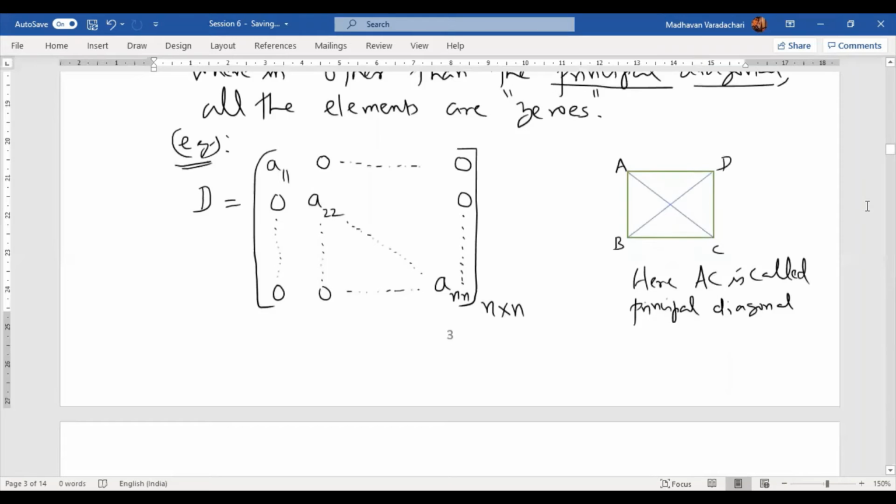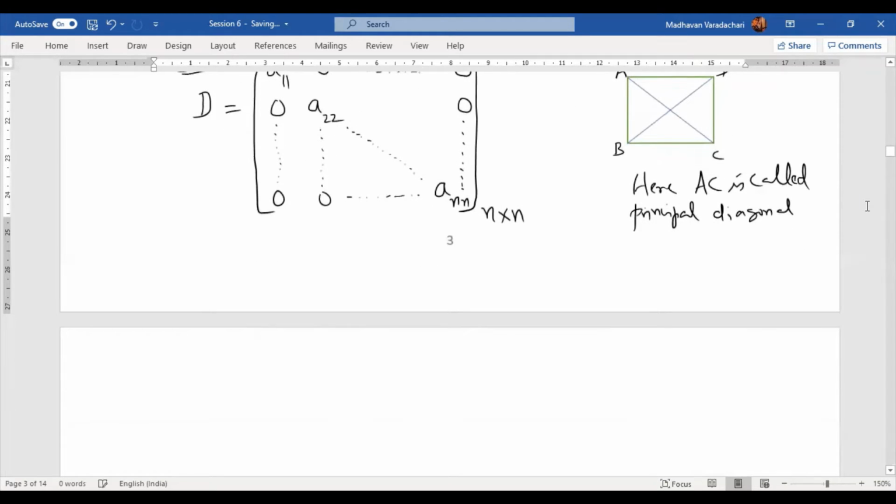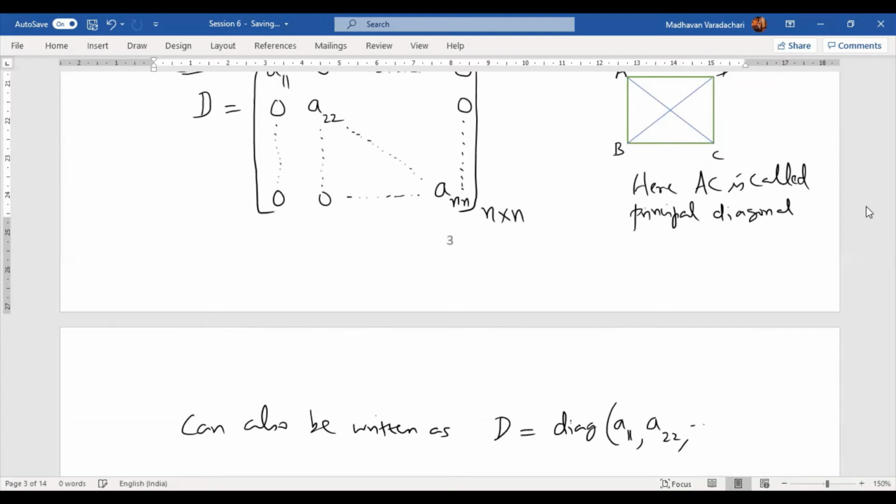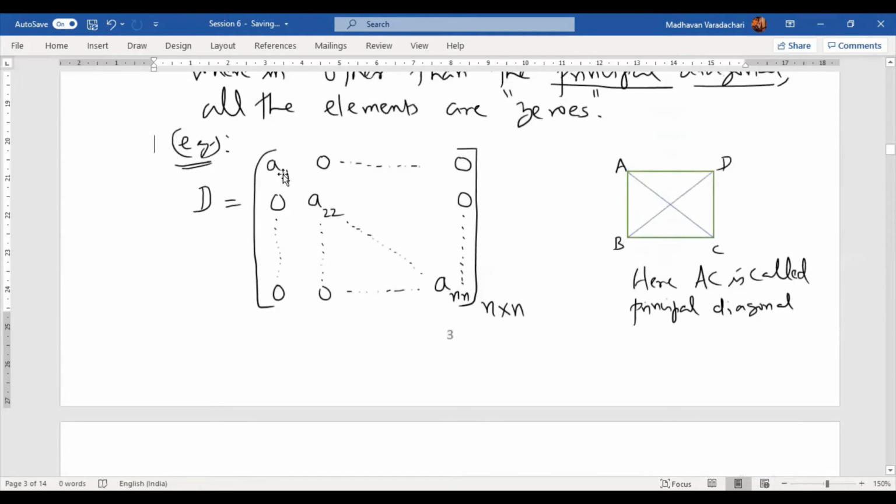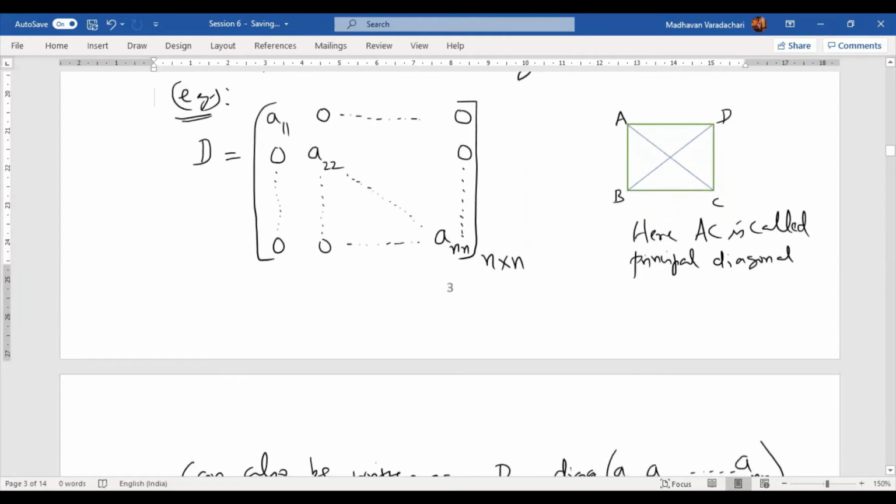This diagonal matrix can also be simply written as D equal to diag(A11, A22, and so on, Ann). I can also draw the matrix. Only thing is, other than the principal diagonal, all other elements should be zeros. That you call a diagonal matrix.